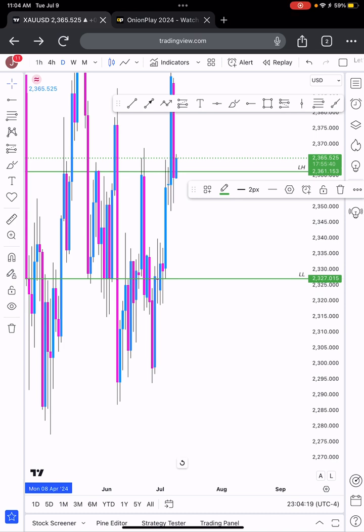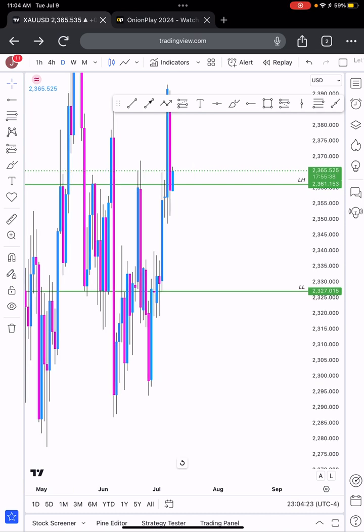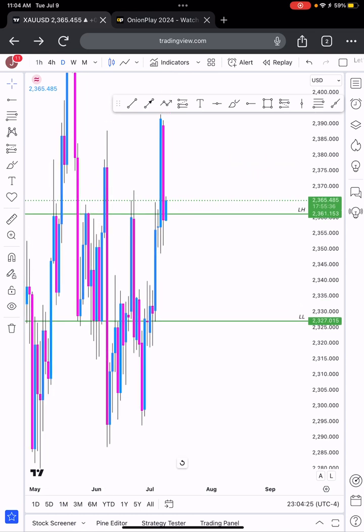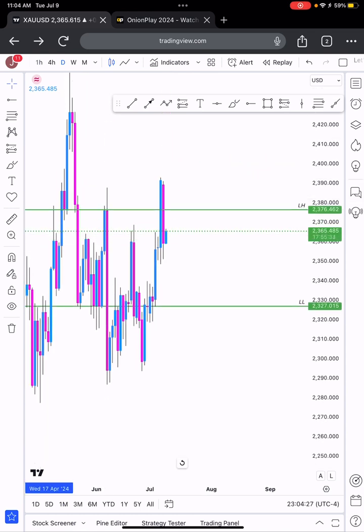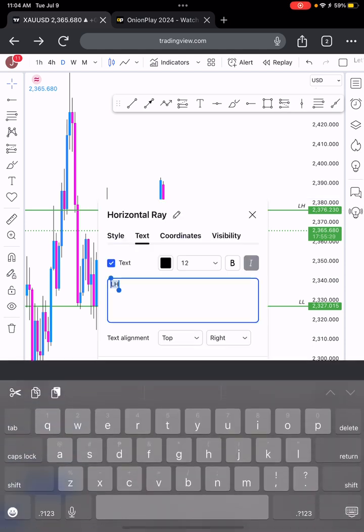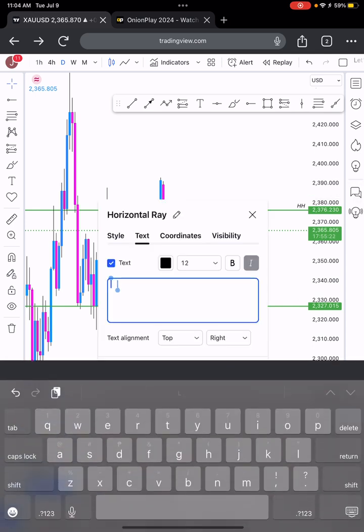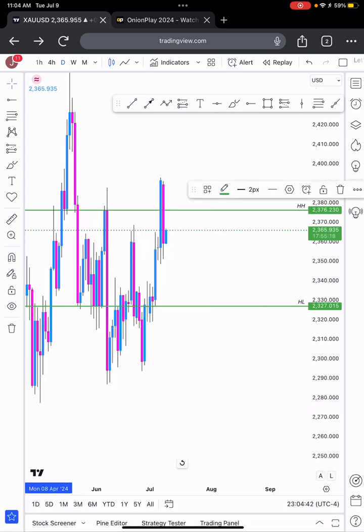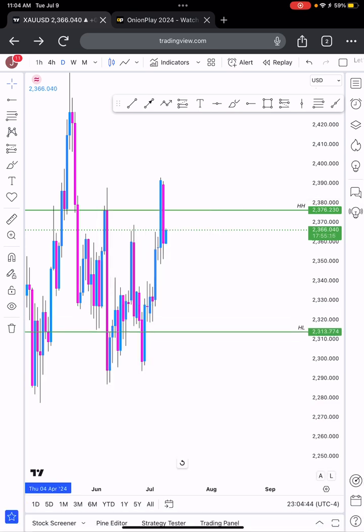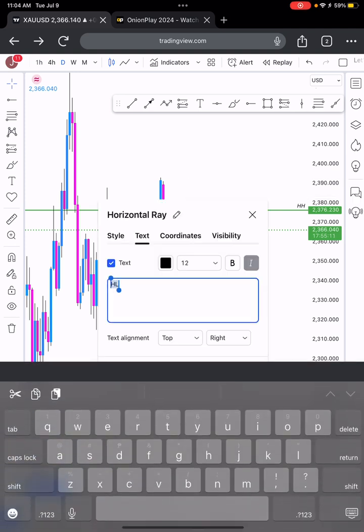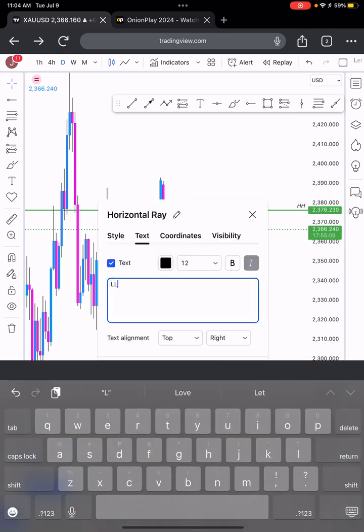Personally, I would keep the lower high the same, and then as soon as price closed above this level, this became the new higher high, right? And then this changed into a higher low, and then price body closed below it again, so this now shifts again to the lower low, right?